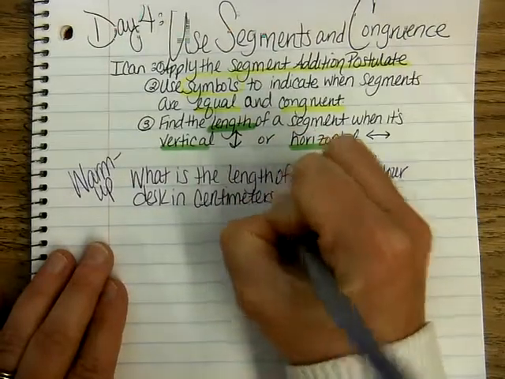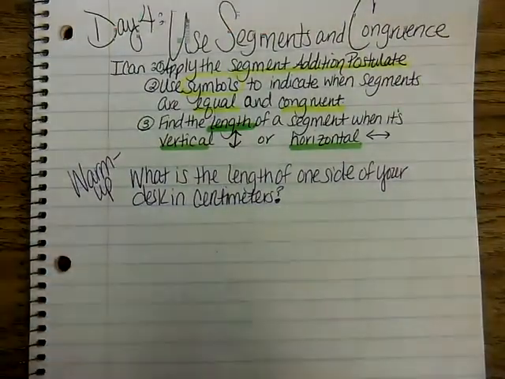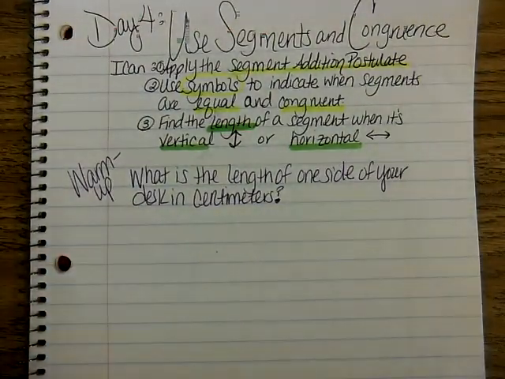Now, obviously, if you do not have a ruler with you, that is okay. Just tell me how many times you had to move your straight edge in order for you to find the length, and then kind of make it approximate.